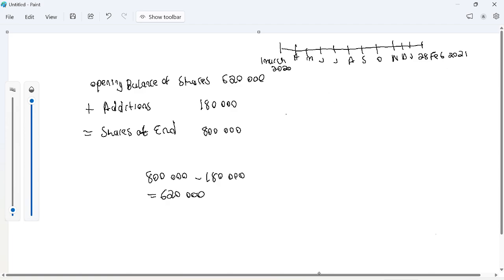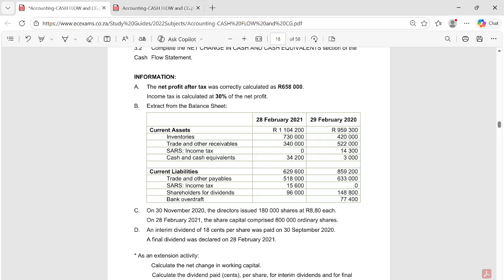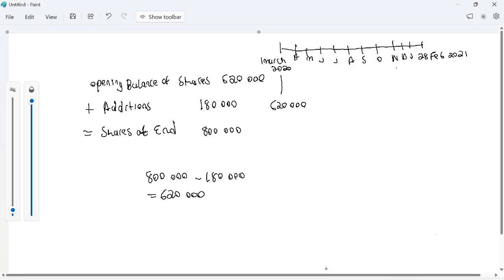Now let's see, guys. I assume that 620,000 shares are here at the beginning of the year, right? Now additional shares were issued. When were they issued? They were issued on 30 November. Here I'm having 30 November.